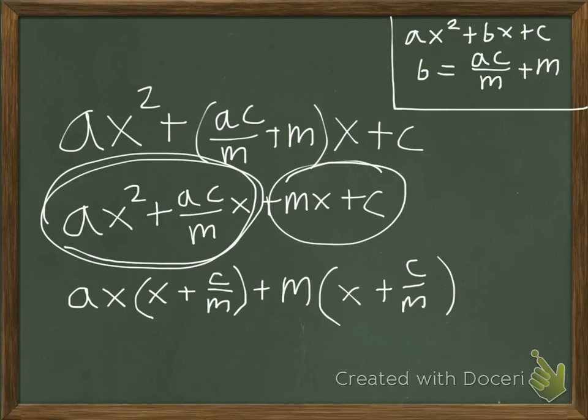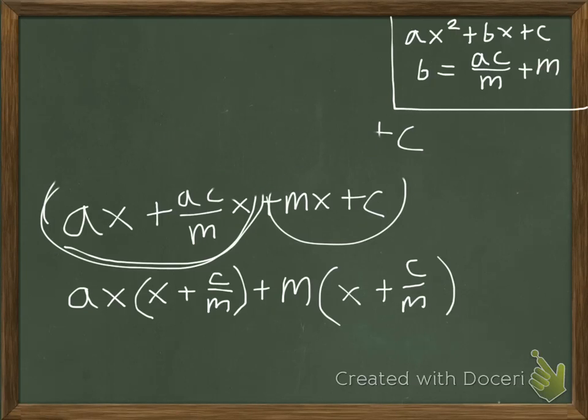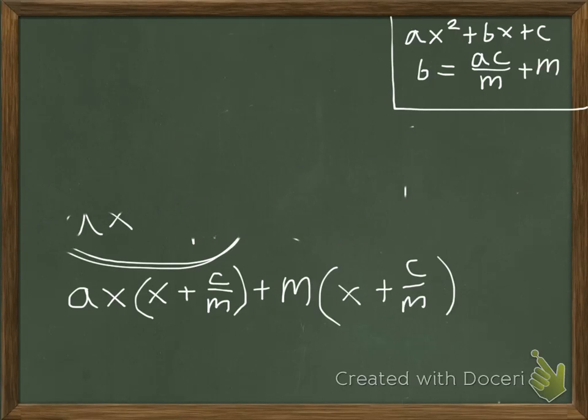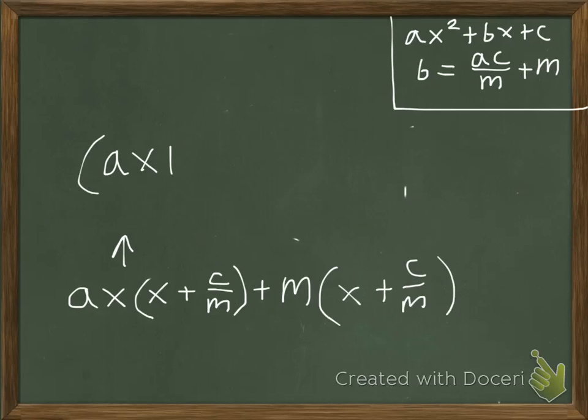Now, let me erase all this stuff up here. So far, we have this stuff. And now that means we can factor this as ax plus m times x plus c over m.